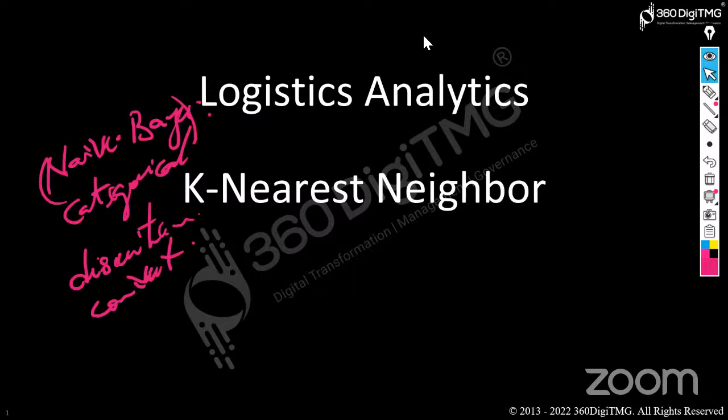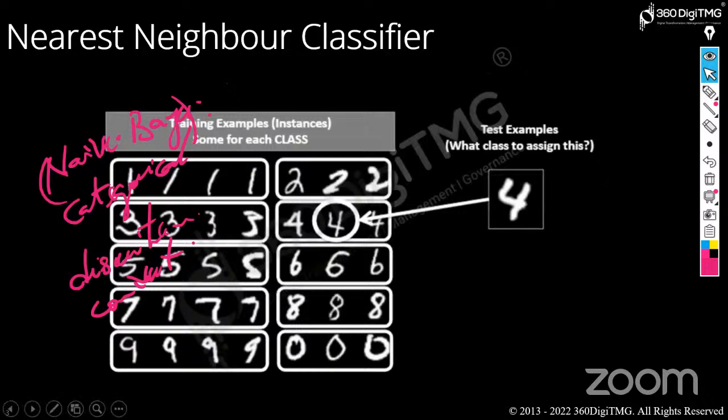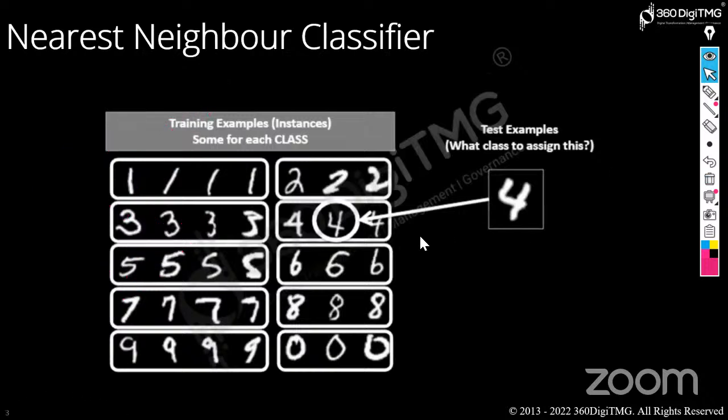So let us look at a problem at hand. Let's say you have these handwritten digits, and you need to classify whether these belong to 1, 2, 3, 4, 5, 6, 7, 8, 9.